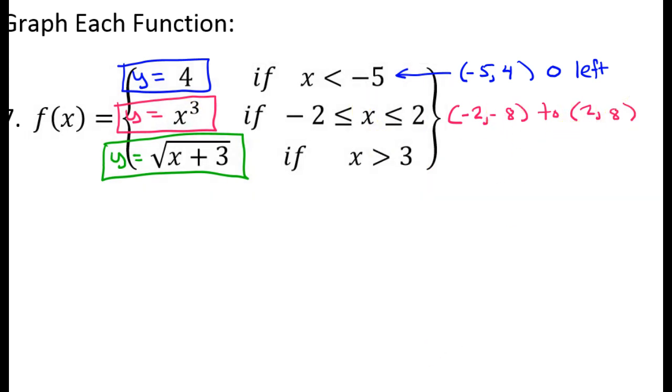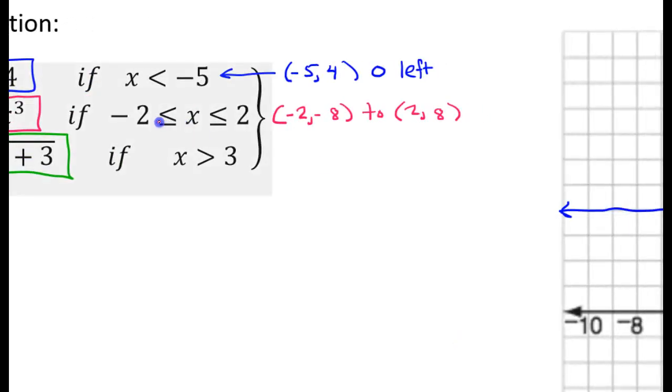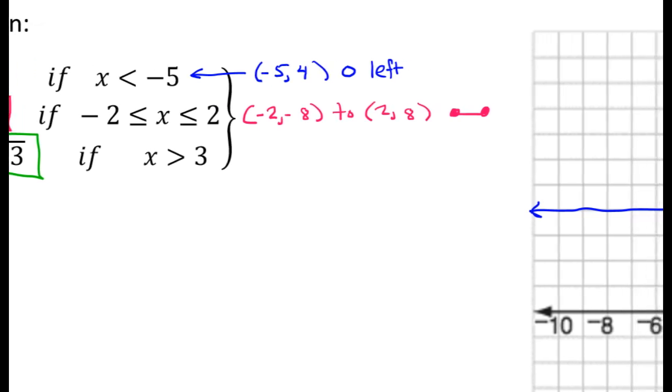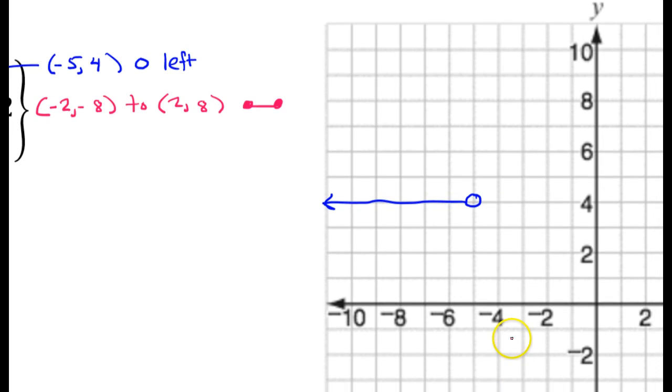These are going to both be closed circles because of the or equal to. All right, so both of these points are included. So we are talking about a closed circle and another closed circle. All right, and then we will just connect them. Okay, so let's see, negative 2 comma negative 8.